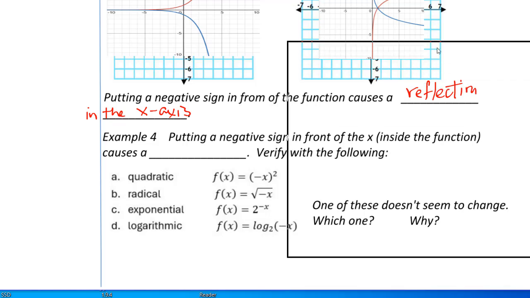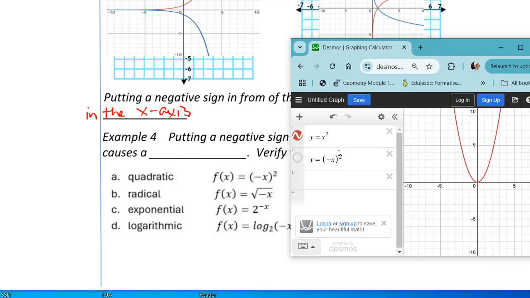Here it comes. And you can see I've graphed y equals x squared, and then I put the negative inside with the x. Let's turn it on. What's going to happen? Oh, look at that. It turns from red to blue. It's the same graph. Okay, nothing to show there.